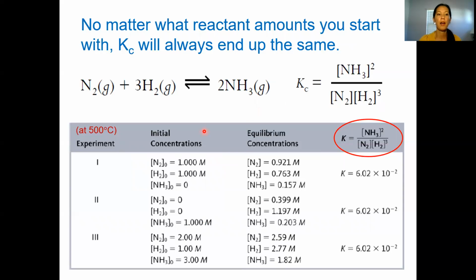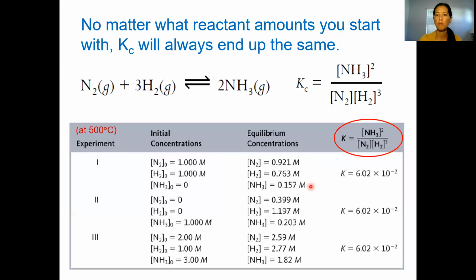Here's my example. I've got 3 different experiments, and I just want to test this out. For this reaction, nitrogen plus 3 hydrogens give 2 ammonias. If I start out, here's my first experiment, with some amount of reactant but no product, at the end, if I start out with 1 molar each of the reactant, I'll get these equilibrium concentrations.